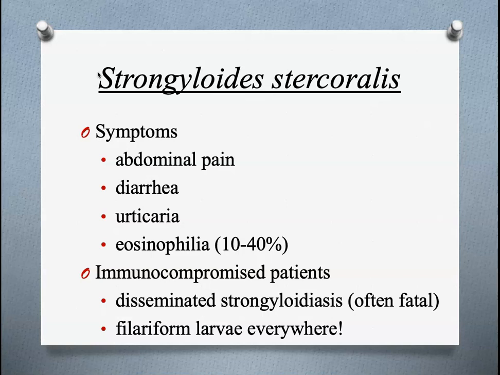So the disseminated strongyloidiasis is when that autoinfection occurs over and over again. And more than 80% of the fatalities are due to respiratory failure. It's due to the lung involvement that's occurring. And there's just filariform larvae everywhere in the body.